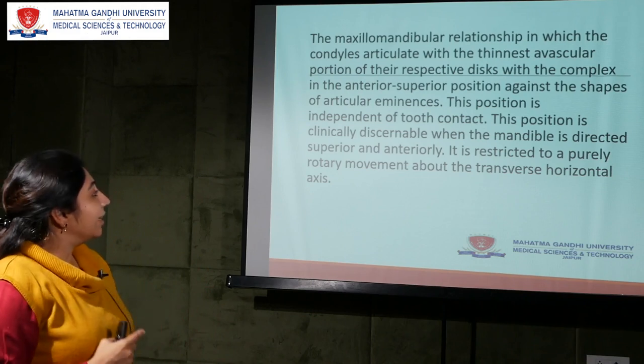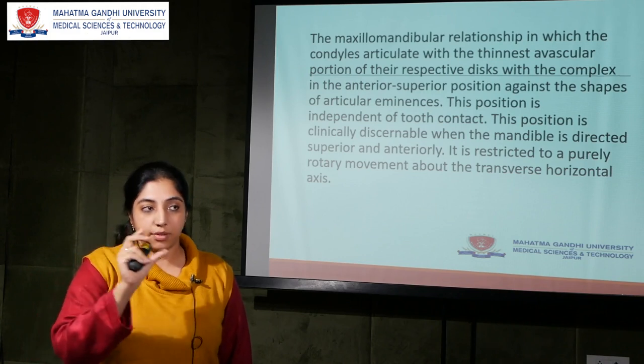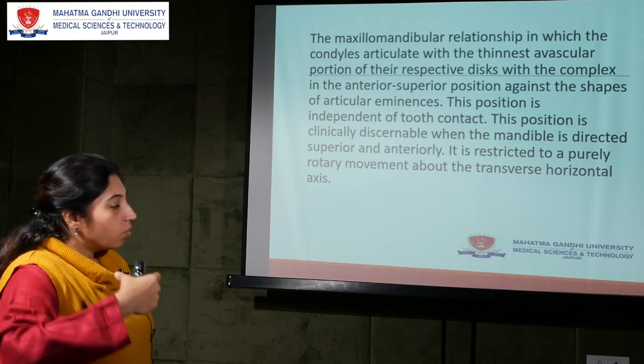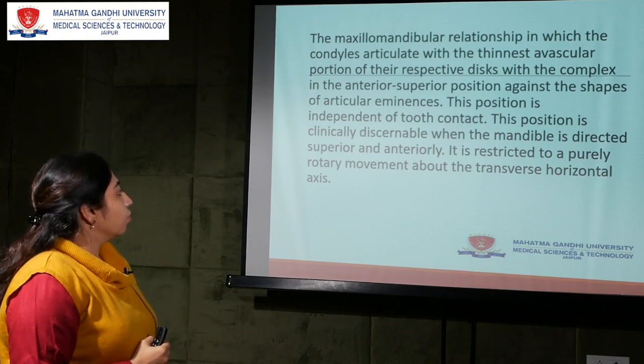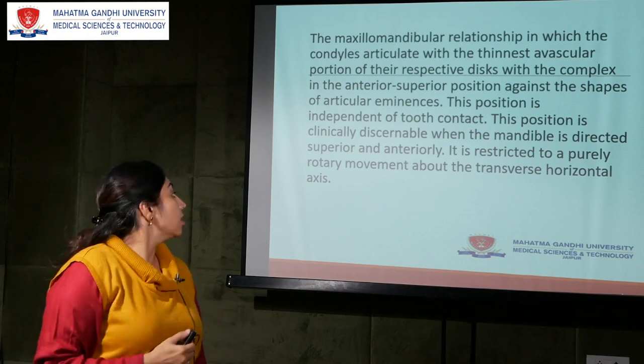This position is clinically discernible, meaning you can make this out clinically, you can visualize this when the mandible goes posterior and anteriorly. It is restricted to purely rotatory movement around the transverse horizontal axis.